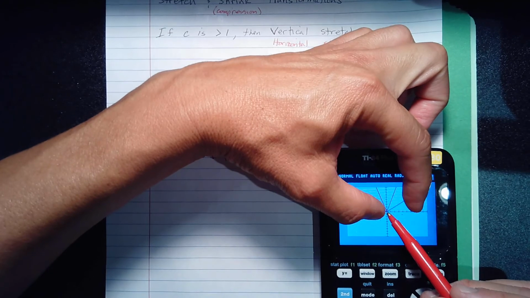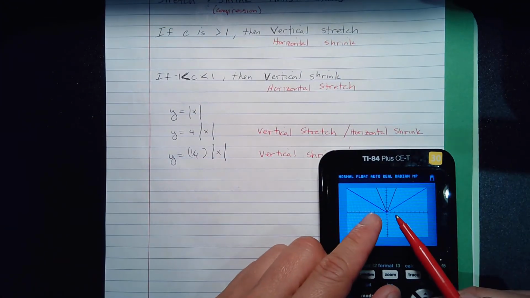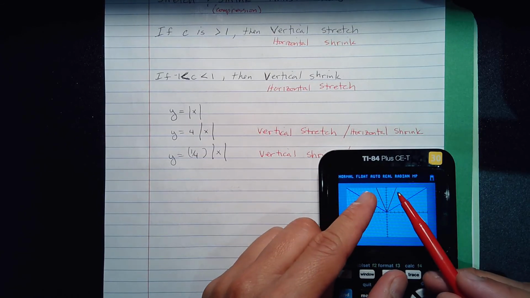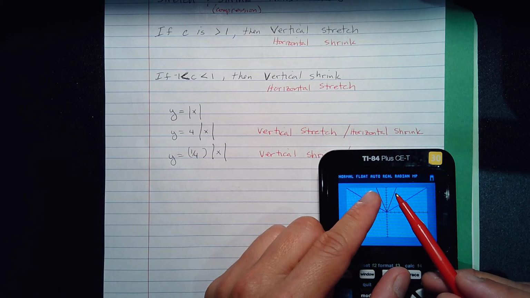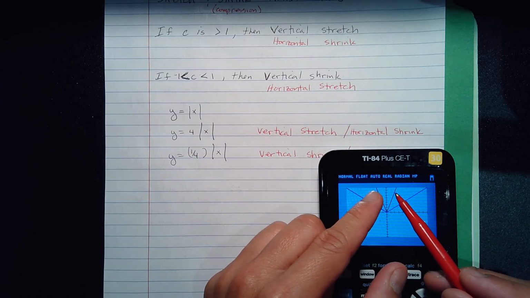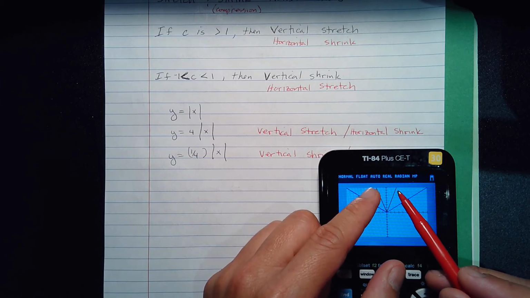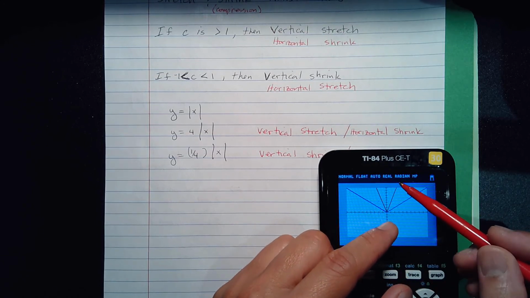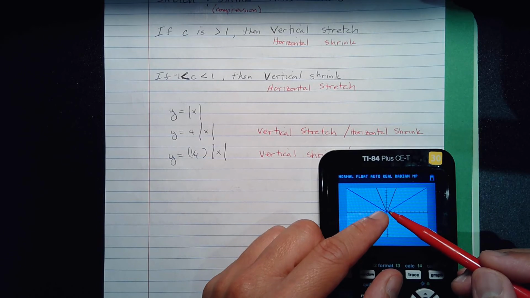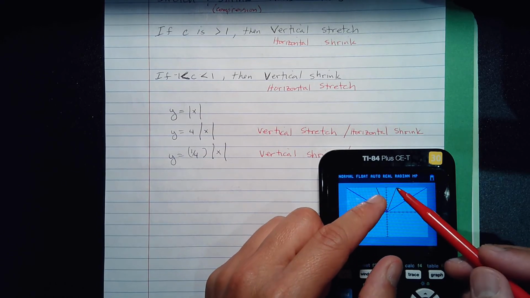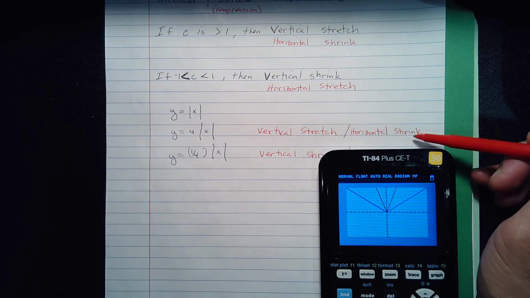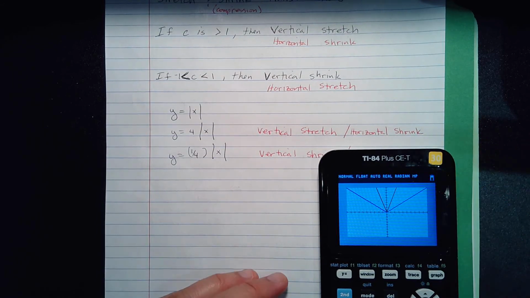So this blue graph stretched out vertically, and at the same time, look how wide this was. It had a horizontal shrink. So the width is shorter, but look at the length. The length is longer. So this is what you call a vertical stretch, or you can call it a horizontal shrink. And again, in other books they use the word compression.